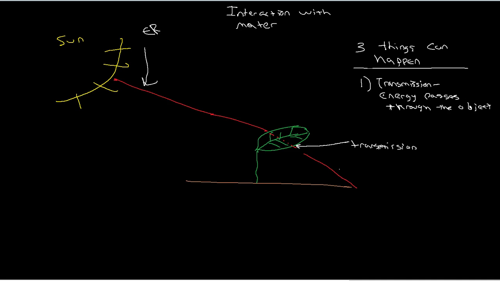Okay? The second thing that can happen is it hits the leaf, and it's actually taken into the leaf and used for things. If the energy is taken into the object, we call this absorption.